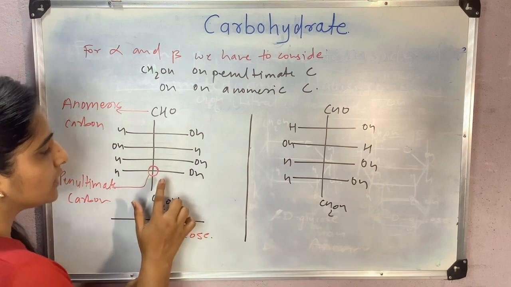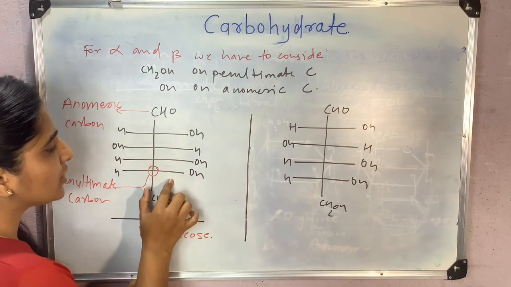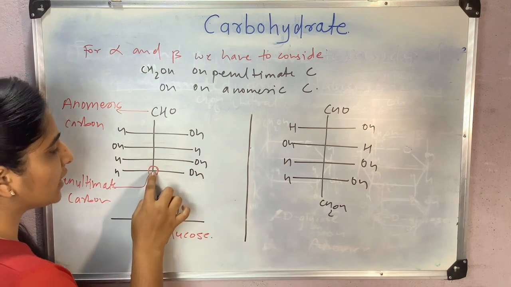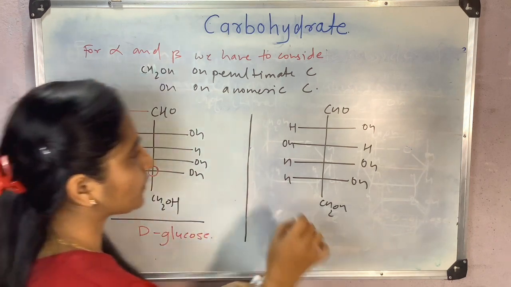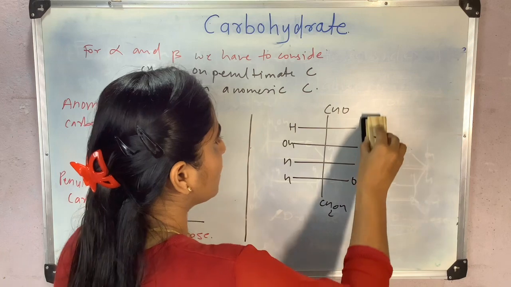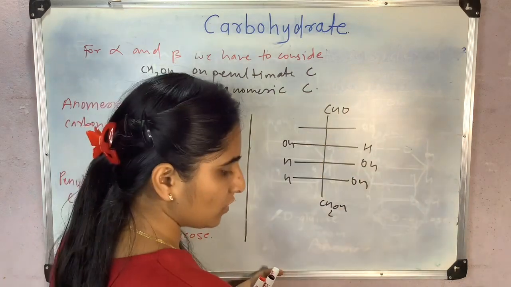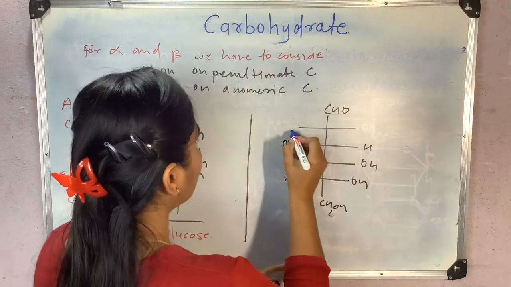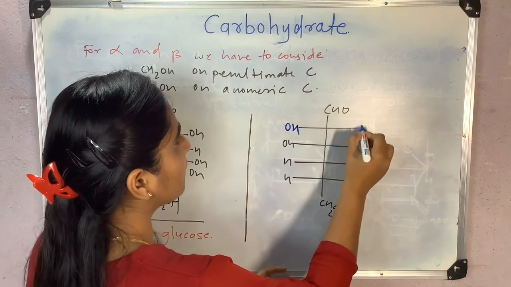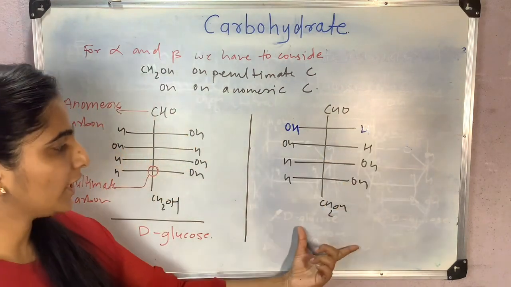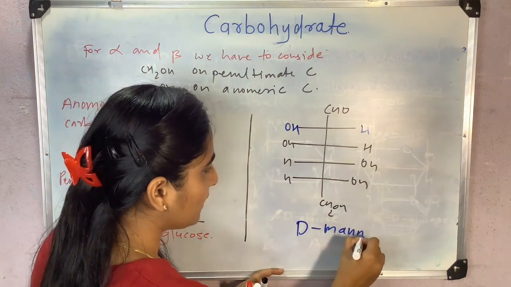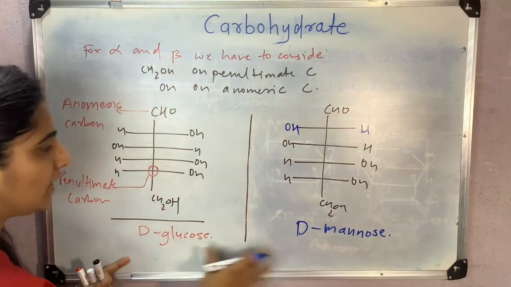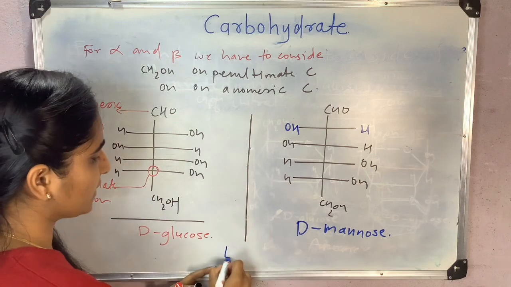If I change the configuration at one stereogenic center, then this molecule is D-mannose, and D-mannose and D-glucose are epimers.